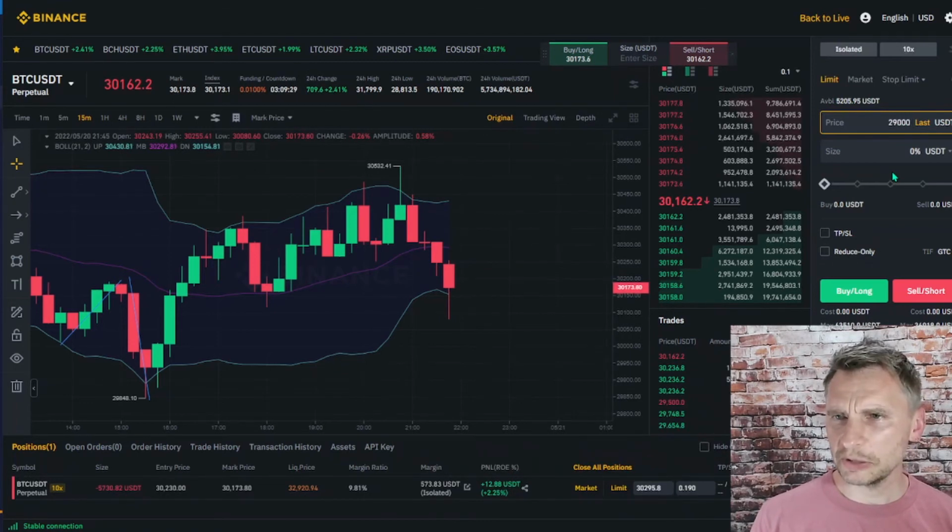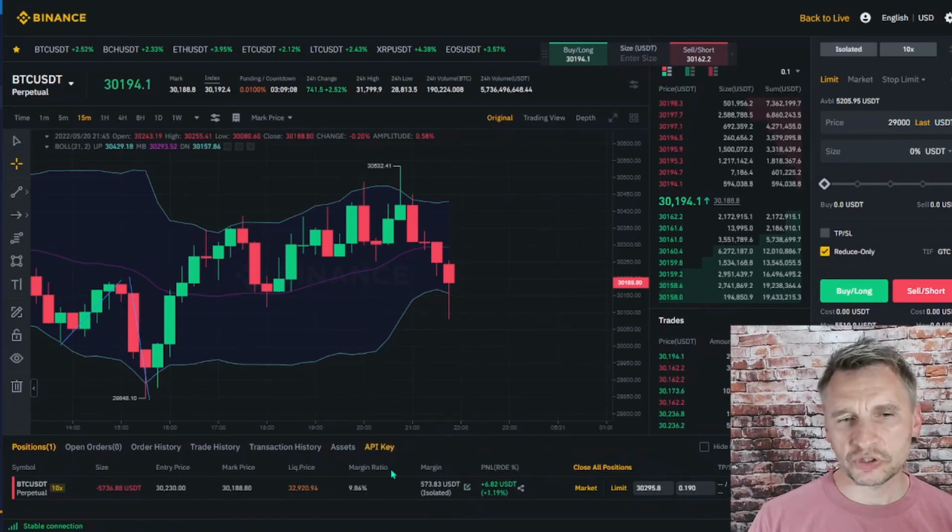So let's say once Bitcoin reaches $29,000, I would like this position to close automatically and return all the money that I have. So for that, you need to choose reduce only, because you're reducing the position that you have open right now, which is $573, you would choose 100%.